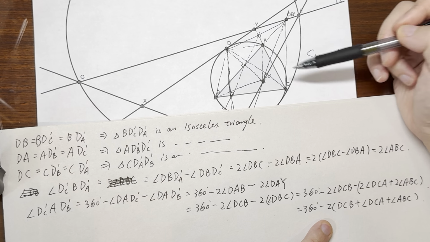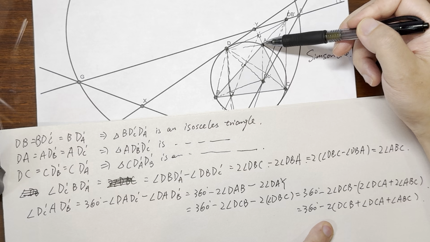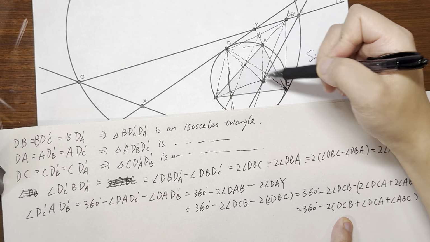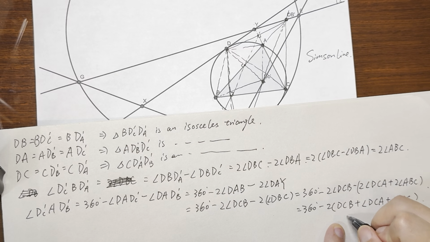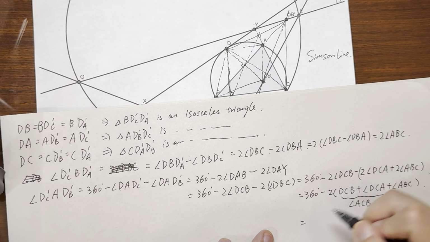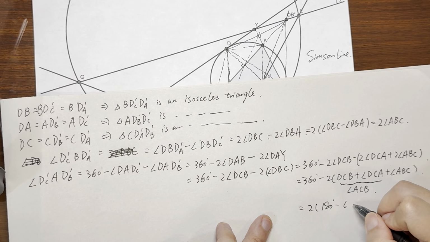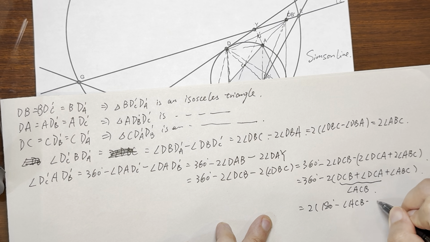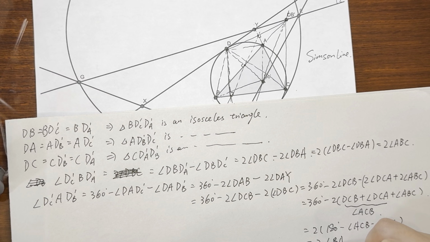DCB plus angle DCA, which is angle ACB, and angle ABC here. So it equals to twice of 180 degrees minus angle ACB minus angle ABC, which equals twice of angle BAC.